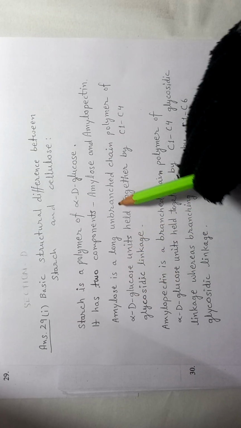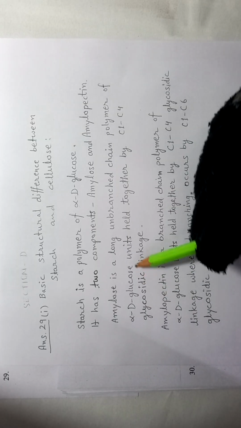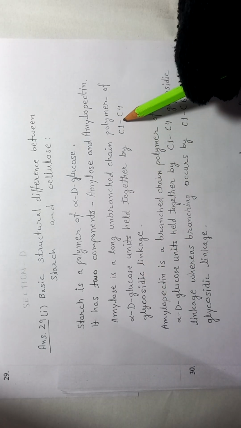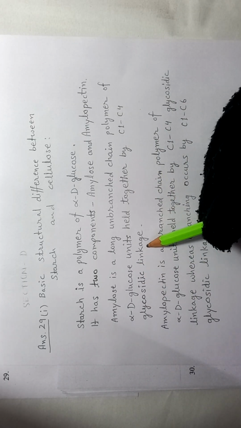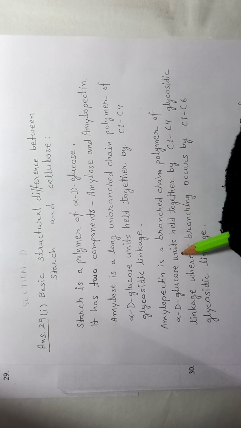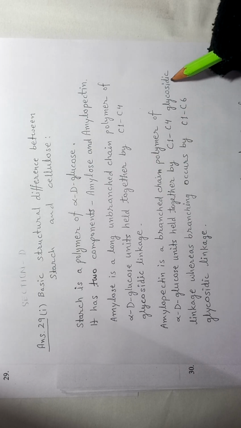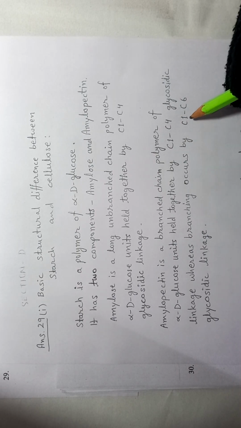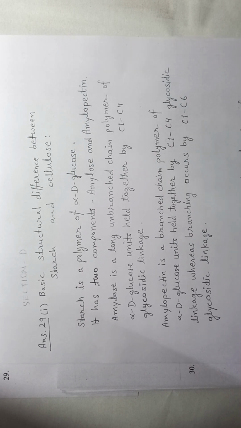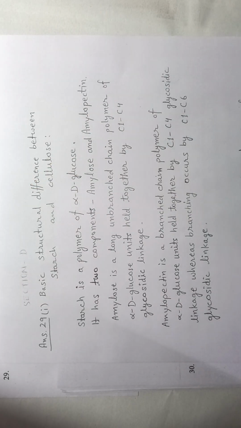Amylose is a long unbranched chain polymer of alpha D glucose units which are held together by C1 C4 glycosidic linkage. Amylopectin is a branched chain polymer of alpha D glucose units. They are also held together by C1 C4 glycosidic linkages, whereas branching occurs at C1 and C6 glycosidic linkage. All this you have to tell in the structural difference because you are talking about structure.